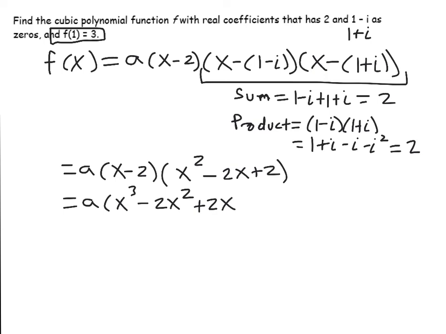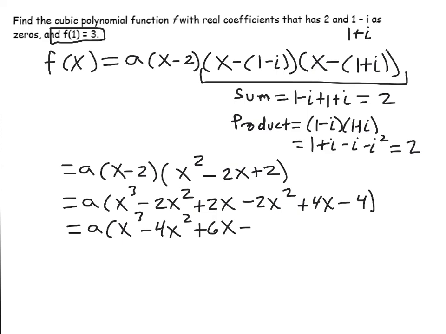Now let's do the -2. We will get minus 2x squared plus 4x minus 4. As always, looking for like terms. Looks like I've got nothing to go with x to the third. Minus 4x squared plus 6x minus 4.